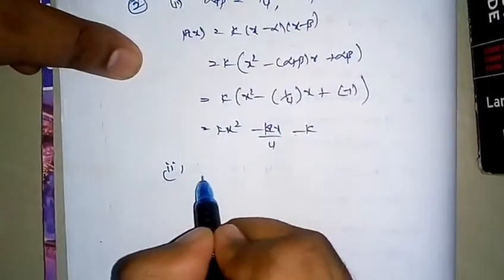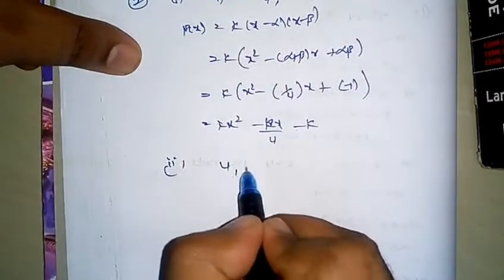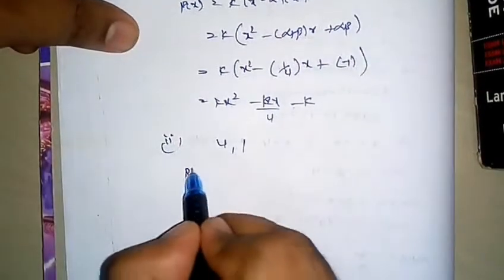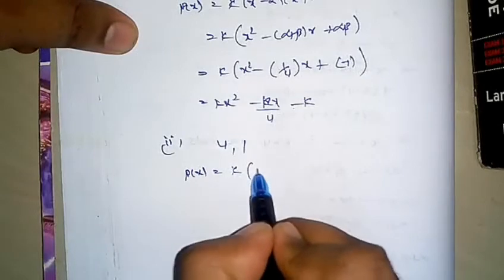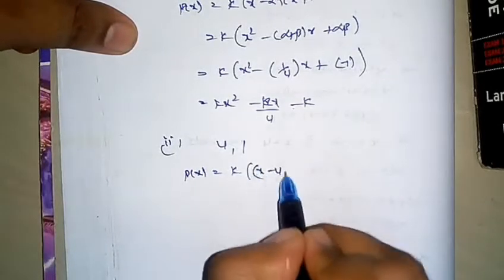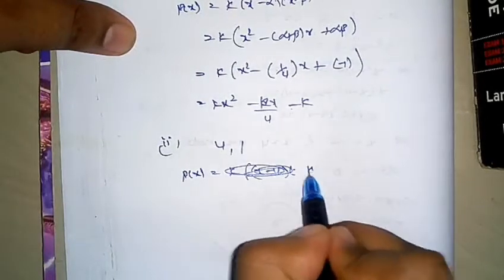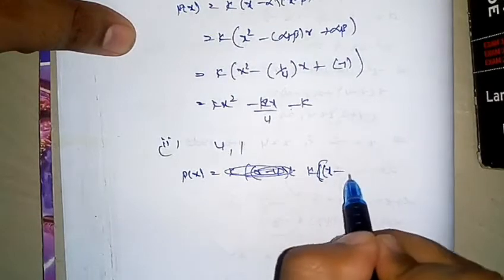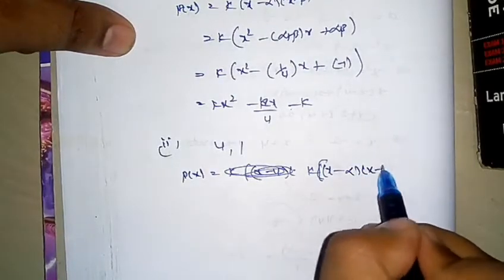Second one, 4 comma 1. So p of x will be equal to k times of x minus alpha into x minus beta.